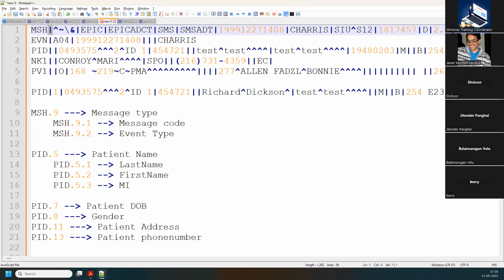But you will be deviated from the standard. HL7 gives you the flexibility to replace any one of these characters. It's not necessary that you have to use only these. HL7 designated these and said that caret is for component separation, pipe is for field separation, and so on.